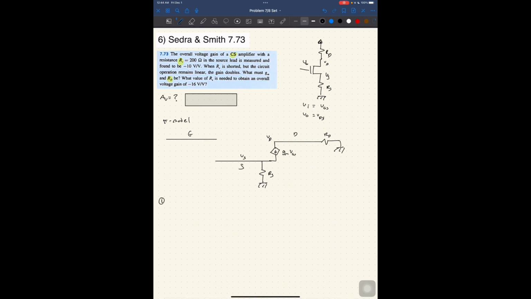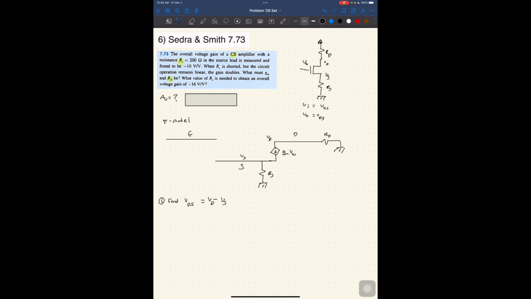So step 1 is find VDS, which is equal to VD minus VS. Right? Let's see. Do I need to find this?